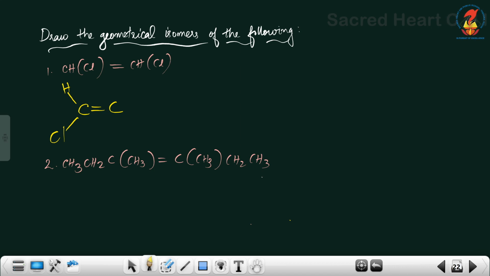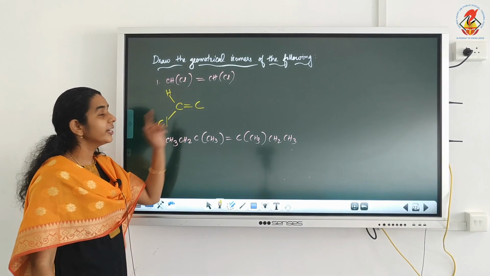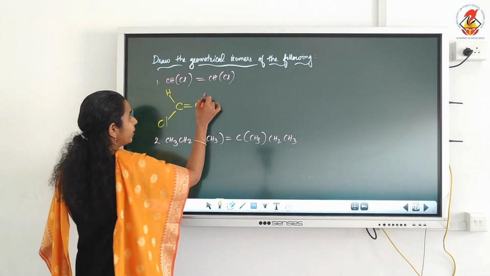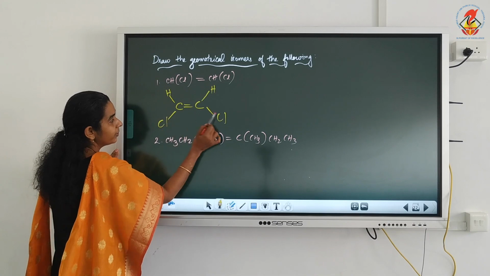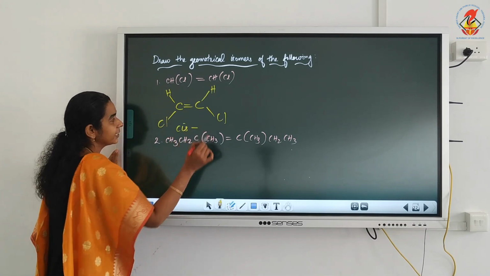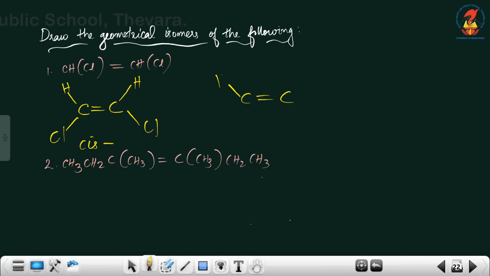So both the groups are similar and the similar groups are present on different carbon atoms, isn't it? If I draw hydrogen here and chlorine here, similar group on same side, so this is the cis isomer. If you want to draw the trans isomer, keep one side same and just exchange the position of hydrogen and chlorine. Chlorine I am drawing here, hydrogen here. So this will be the trans isomer.